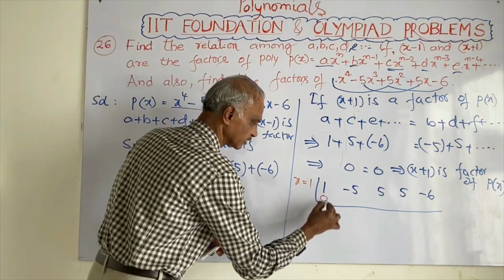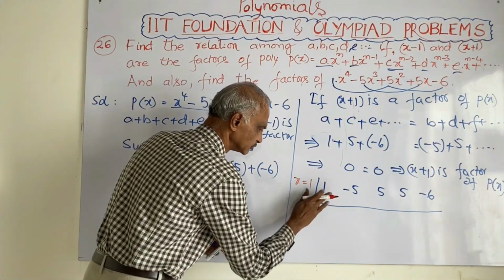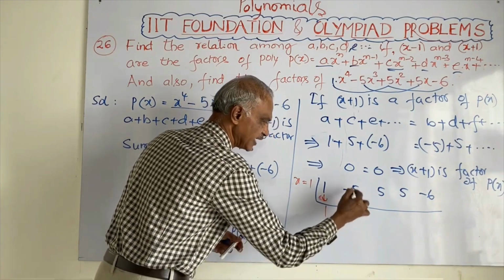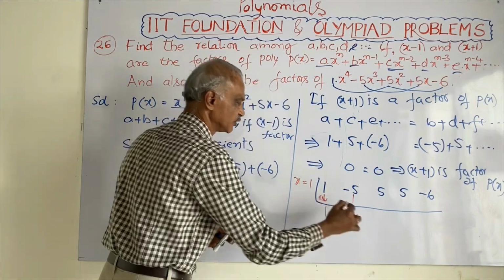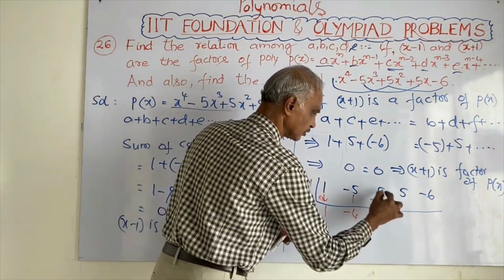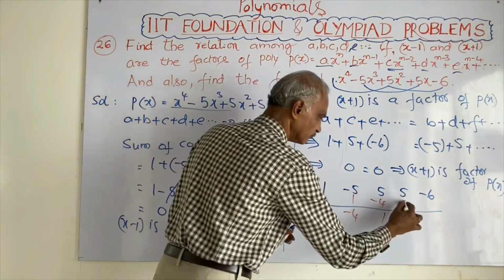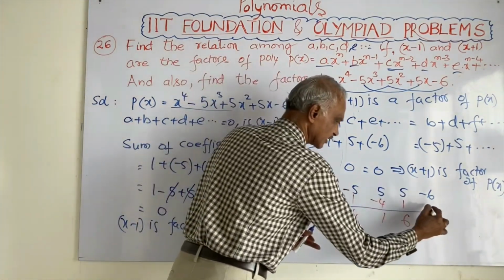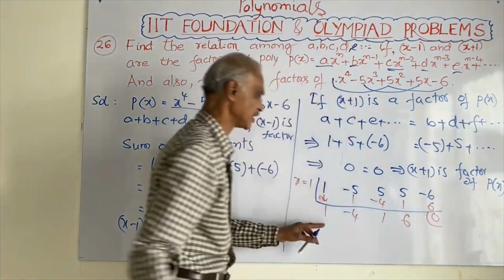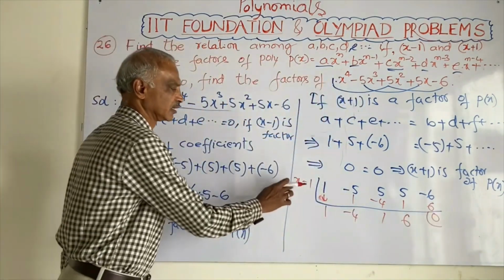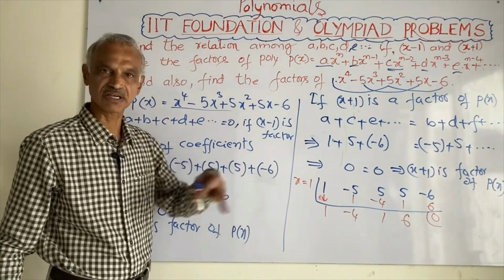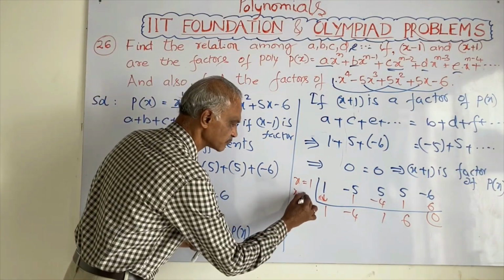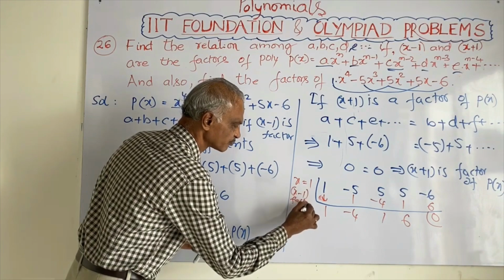Bring down 1. 1 into 1 is 1; add minus 4. Minus 4 into 1 is minus 4; you get 1 here. 1 into 1 is 1; 5 plus 1 is 6. 6 into 1 is 6. You are getting 0. Yes, so x minus 1 is one of the factors.